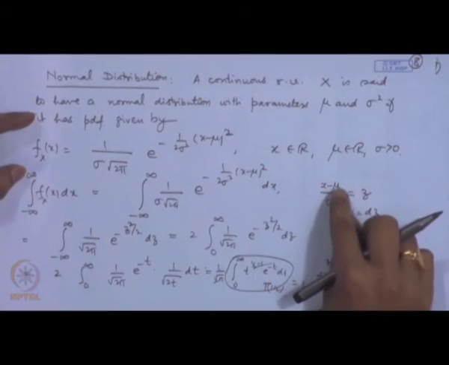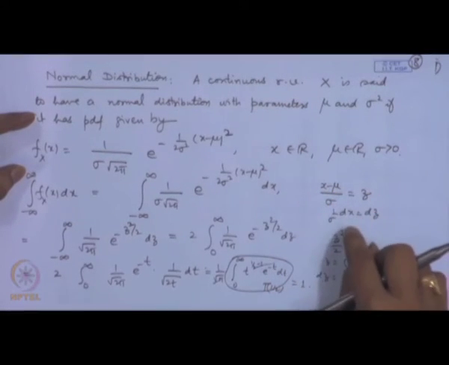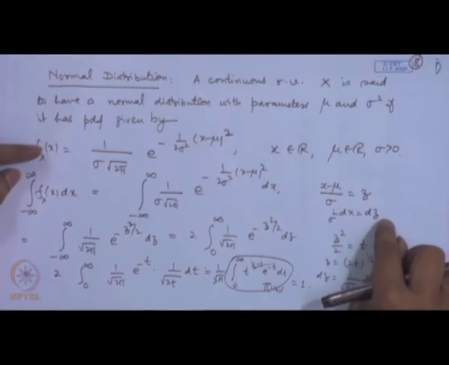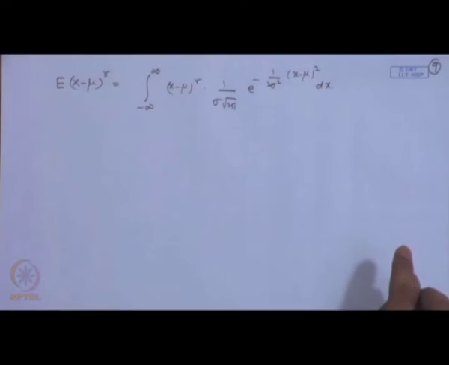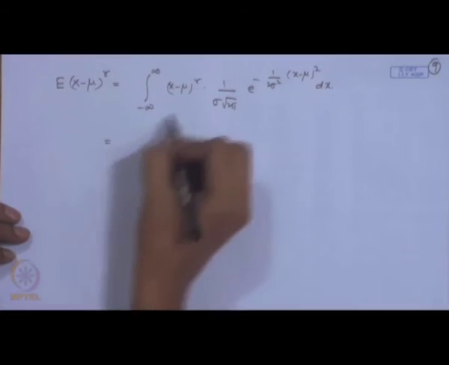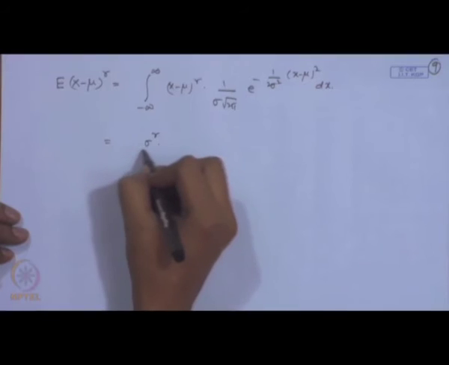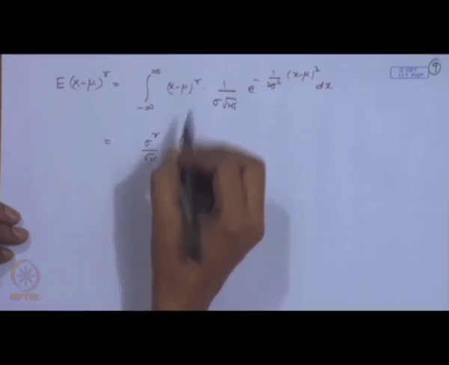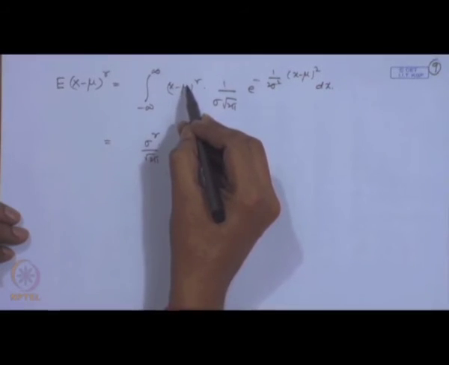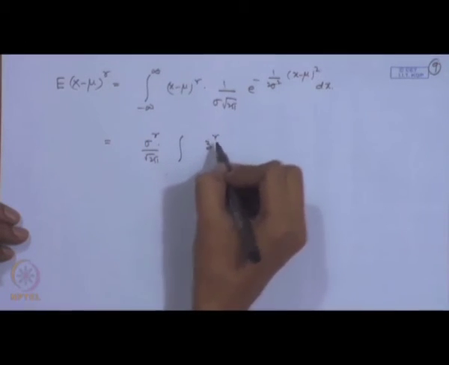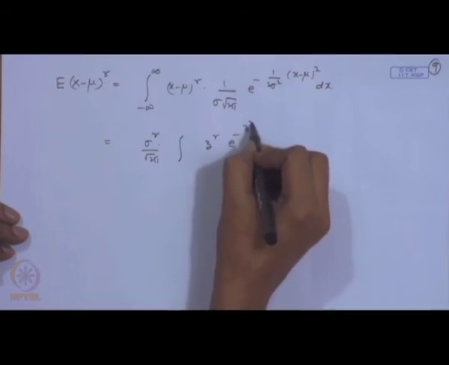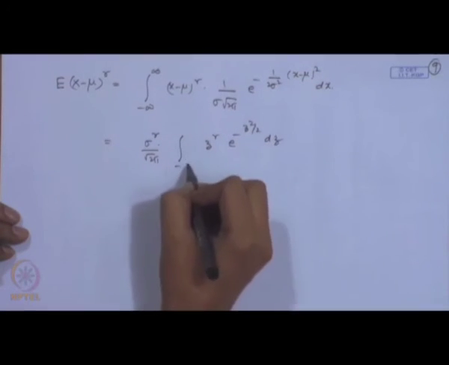Now, I will not be considering this transformation again and again, I will be just substituting this value, that is (x minus mu) by sigma is equal to z and 1 by sigma dx is equal to dz and then z square by 2 is equal to t. So, if we carry out this transformation, this will become sigma to the power r by root 2 pi, because (x minus mu) by sigma is equal to z. So, x minus mu is equal to sigma z. So, this becomes sigma to the power r z to the power r e to the power minus z square by 2 dz from minus infinity to infinity.